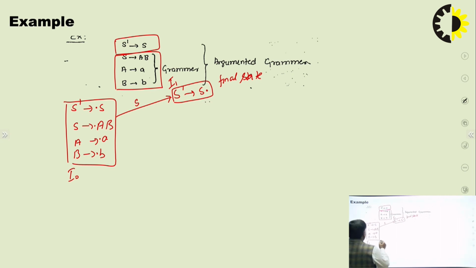Now we open S, and S tends to AB, and again we open A tends to a, and only this production.